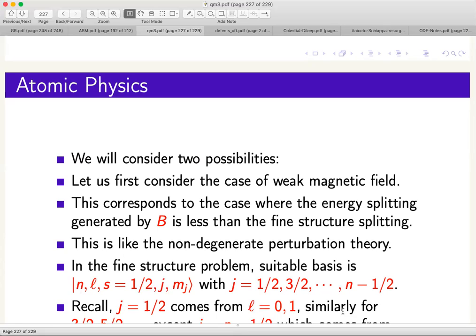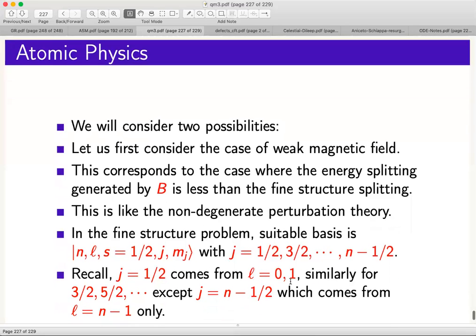It goes up to n minus half because for a given principal quantum number n, L can take values only up to n minus 1. For example, n equals 1, which is the ground state of the hydrogen atom, has L equal to 0 only, and n equals 2 has L equal to 0 and L equal to 1 only. So the highest value L can take is only n minus 1, so J can go only up to n minus half.